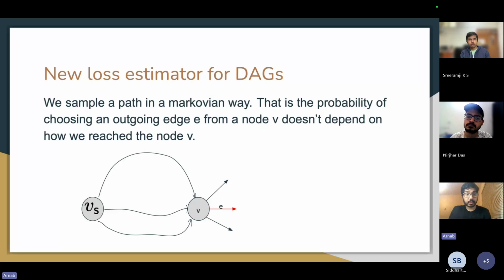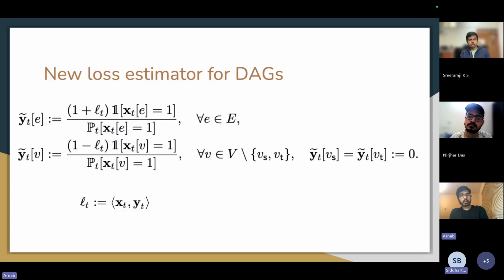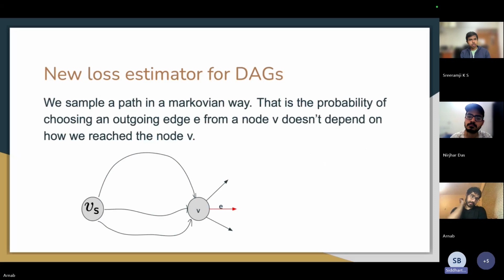This particular way of sampling is going to be very crucial. So it is like taking a random walk of sorts, right? Yeah, it's a random walk of sorts, and the weight of choosing an edge is proportional to the flow.